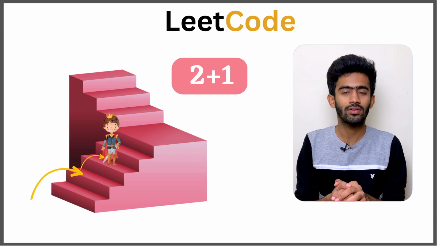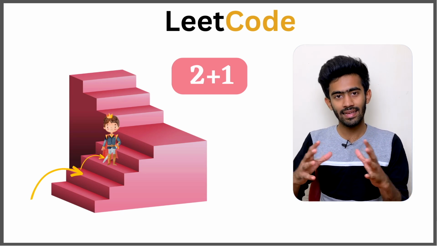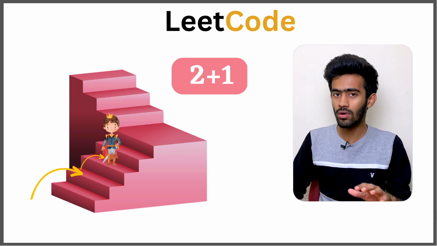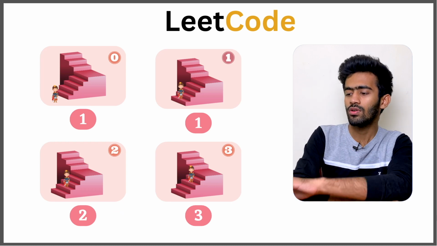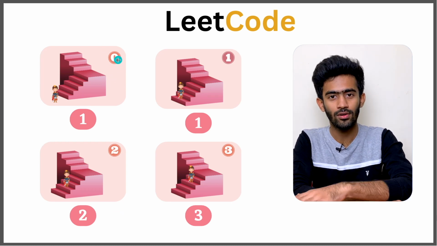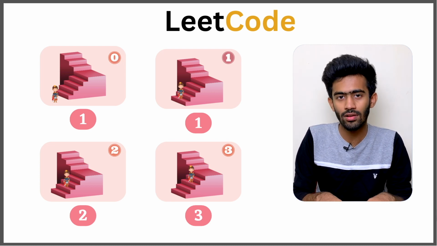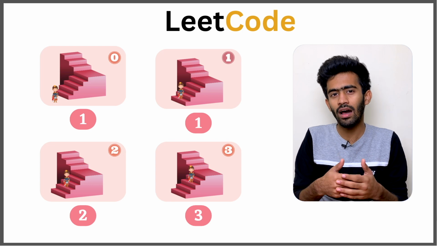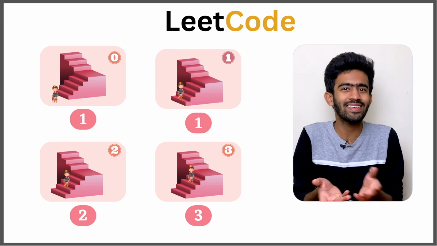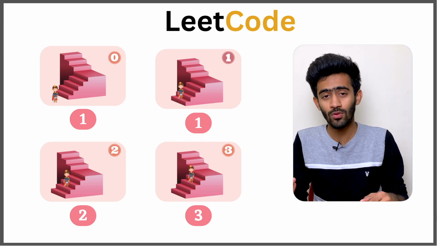With this observation, let us generalize this and try to find a pattern to solve this question. If we want to go to step 0, how many distinct ways do we have? We are already on the ground, that is the 0th level or 0th step. So how many ways do we have to go to 0? Just stay there. That is a single way that you have. If you move 1 step, you will move to 1.